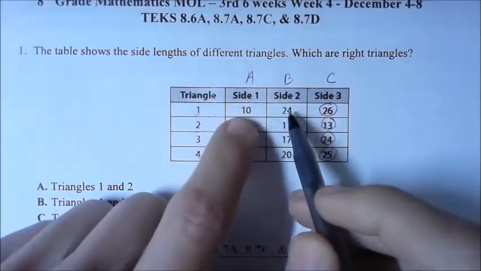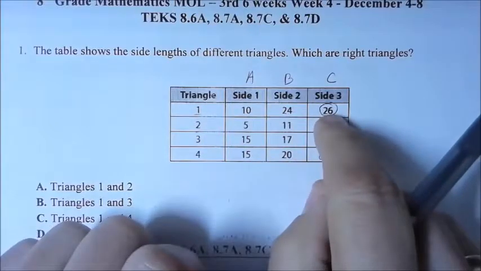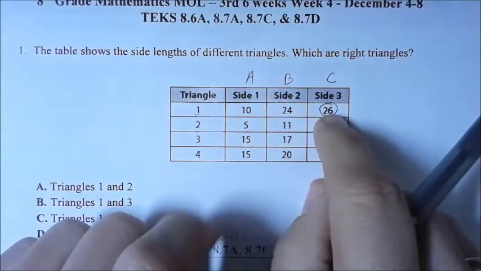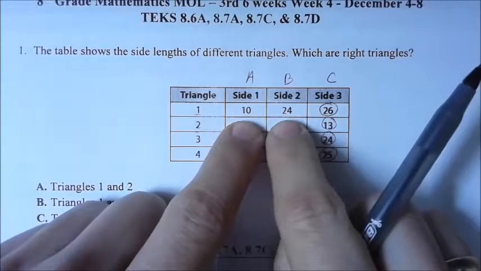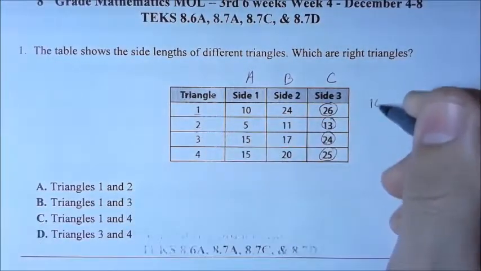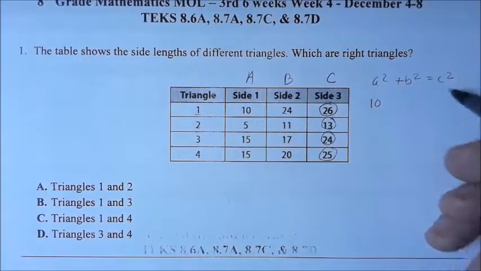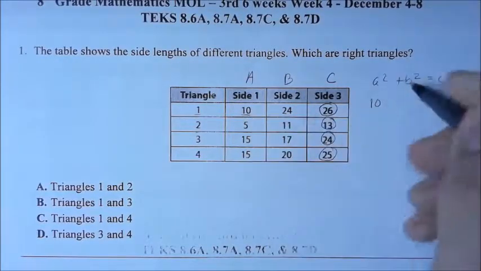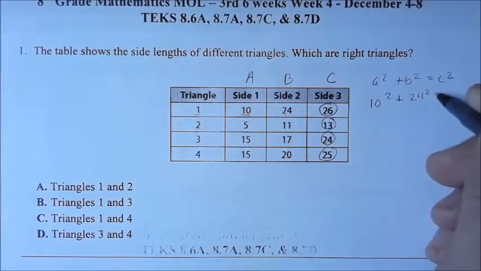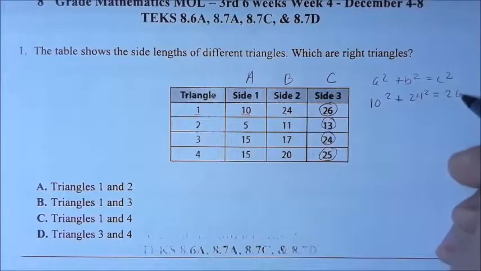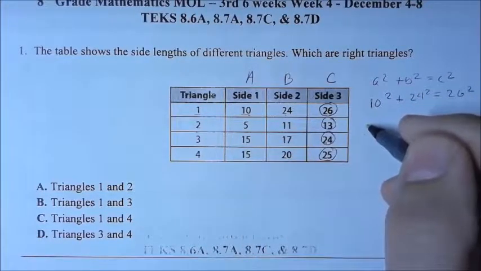Remember, what we said on the area model is that the two little boxes are always equal to the big box. And we're looking at squared units. So let's go ahead and set this up. We have a squared plus b squared equals c squared. So we could say, okay, we got 10 squared plus 24 squared equals 26 squared. And we're going to write all of these out, and then we'll check them and see which one's false or true.